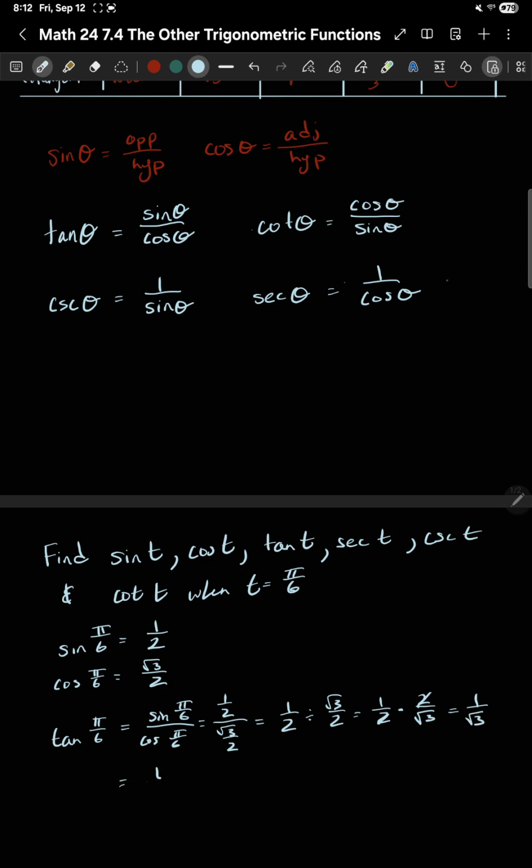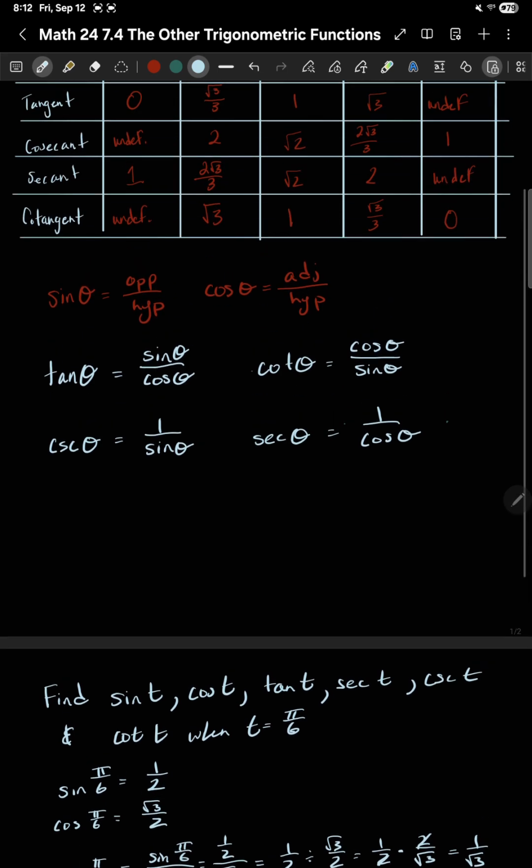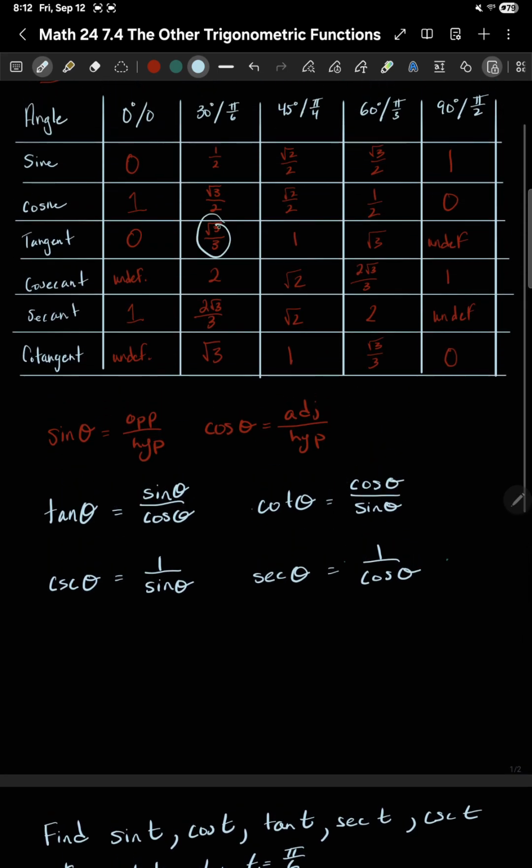And then because you might not like improper radicals, you can multiply the bottom and top by square root of 3 and end up with square root of 3 over 3, which is our proper radical form. And if we go back to our table, you can see that it in fact checks out because that's what we got the last time we did it.